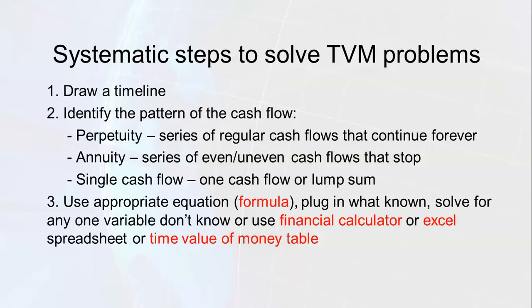Then identify the pattern of cash flow. Is it a perpetuity, a series of regular cash flows that continue forever? Is it an annuity, a series of even or uneven cash flows? Or is it a single cash flow, or lump sum cash flow?